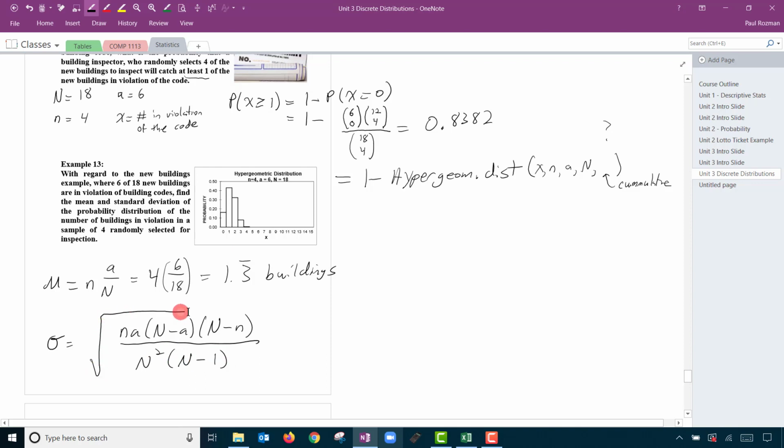Plugging in those numbers, little n is 4, a is 6, big N is 18. We'll end up with 0.855 buildings. The units are the same.